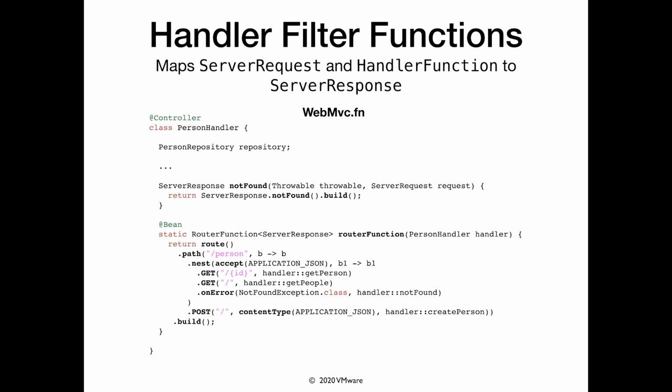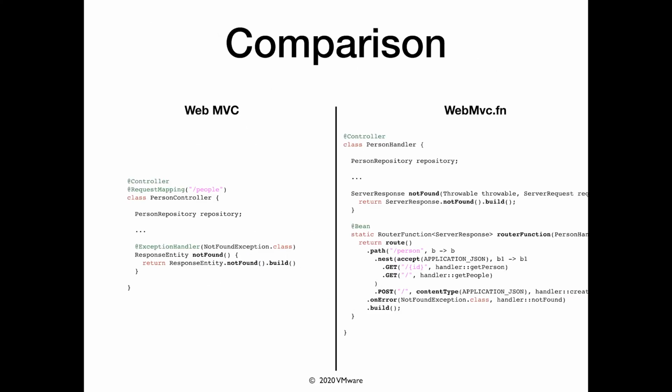So the filter doesn't really apply to the post, and the filter only applies to the error. So once again, the comparison here is fairly easy, right? You have an exception handler on the left-hand side with the WebMvc, and on the right-hand side, basically you have the on error.